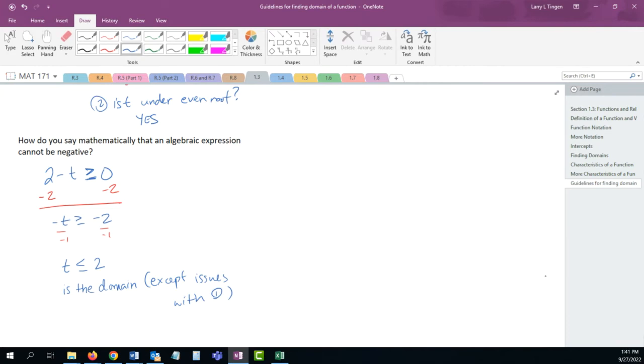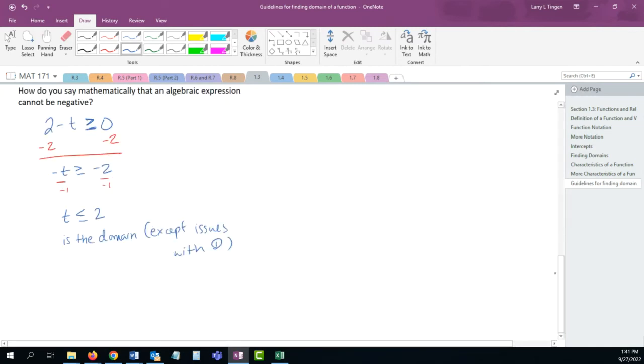Whenever I'm dealing with 2 minus t greater than or equal to 0, what I end up with is the domain minus any problems where I get division by 0. So what's my domain here? It's everything less than or equal to 2. That means start at negative infinity, go all the way to 2, and include it. On a number line, here's 2, everything less than that, forever. 2 is included because it's fine if what's under the root is 0. It's just once it goes negative that we have a problem.